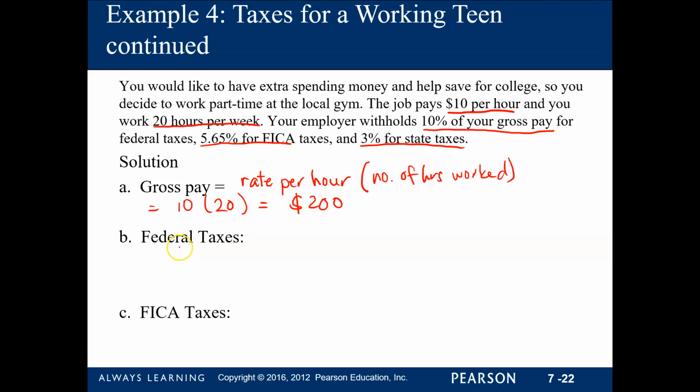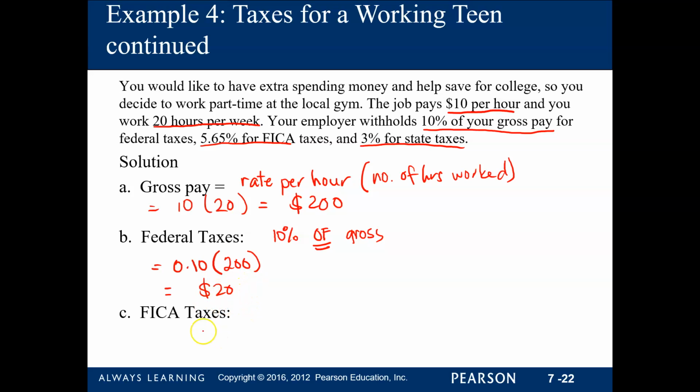Now, according to the problem, the federal tax is 10% of the gross pay. Remember, of means multiply. You multiply 0.10 by the gross, which is 200, and so the federal tax is $20.